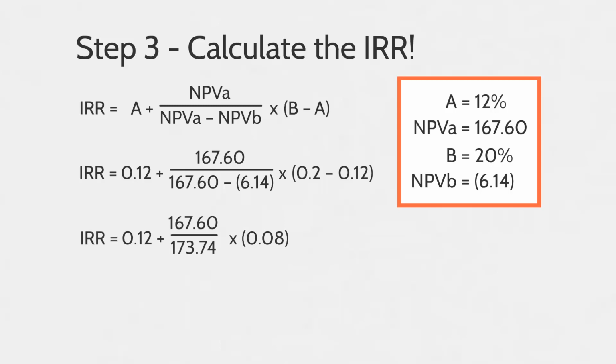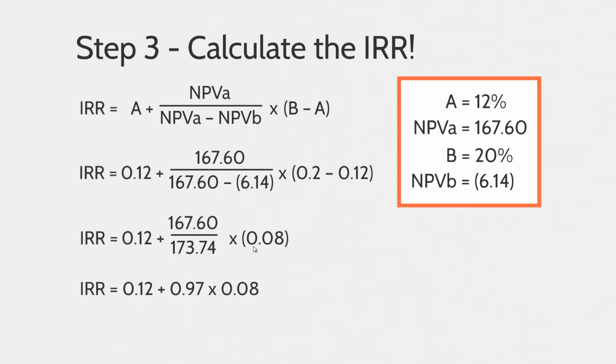We start by 167.6 minus 6.14, which of course is a positive, so it's 173.74. We deduct our cost of capital A rate of 0.12 from 0.2, there's a 0.08, and we just continue working through the calculation in that fashion.